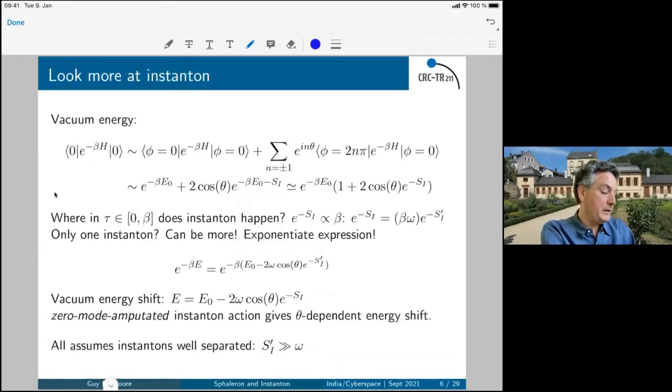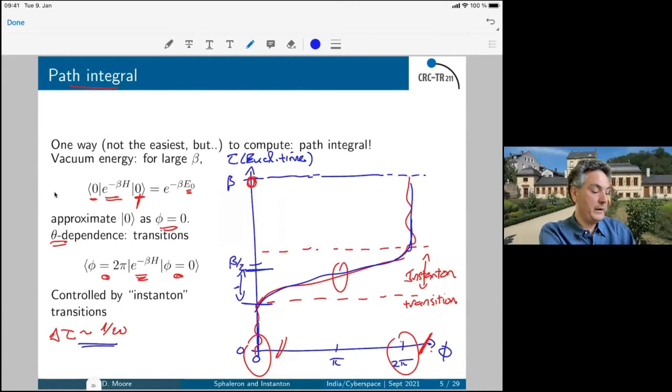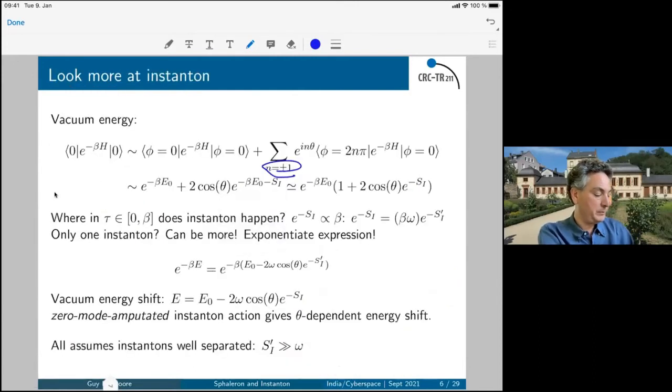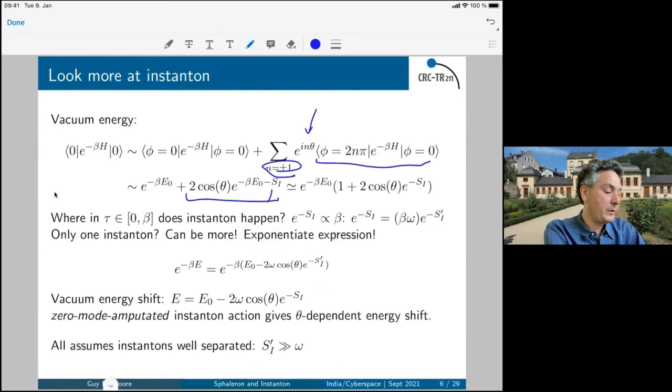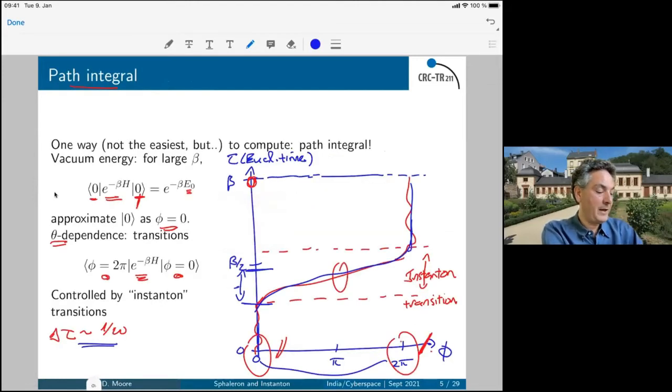So the vacuum energy gets a contribution from all non-trivial numbers of 2 pi jumps. Those are weighted by a phase, and they're determined by these amplitudes. The first one of these looks like that, where S_I is the action of this instanton jump. This contribution is going to be proportional to beta, because this didn't have to happen at this moment.